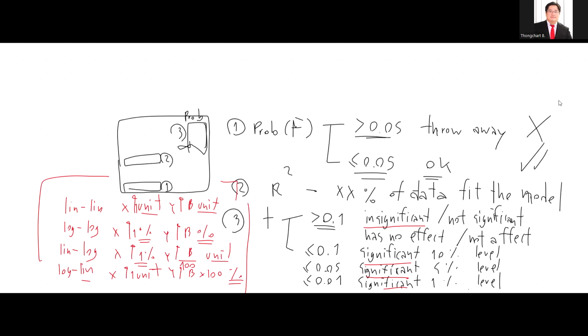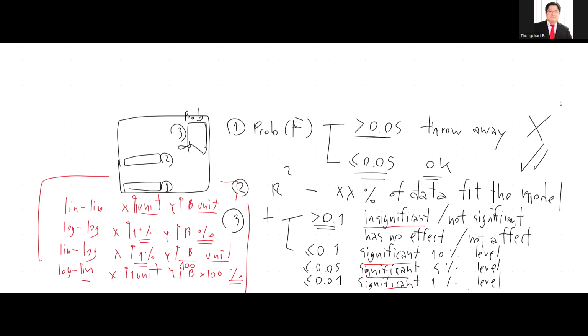So if the question says please interpret the result, you may look at this. If the probability of F is greater than 0.05, go away. No, don't use this word in the exam. This is my verbal language.